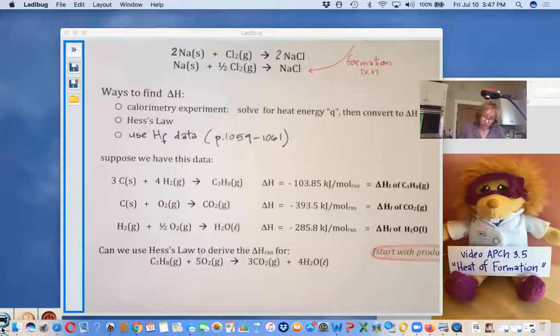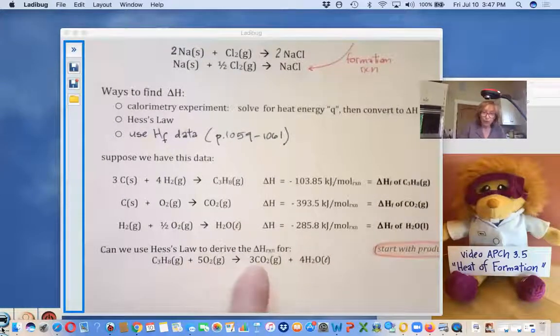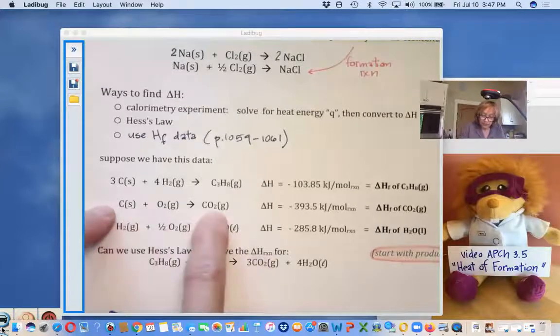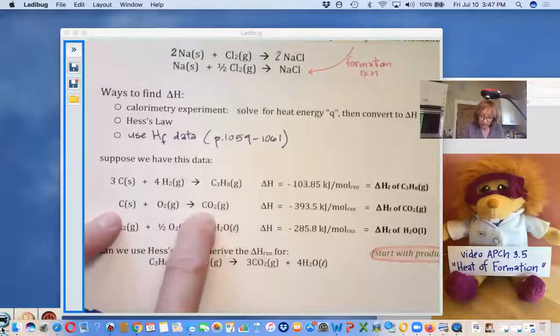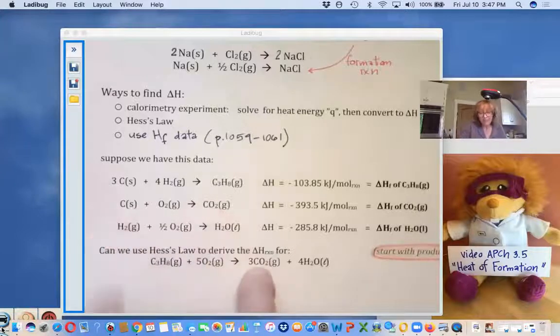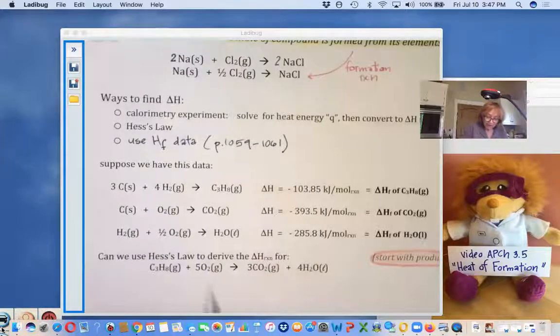Let's start with making this product. You see that this middle equation here gives CO2 as a product. So I'm going to use that one, but I want to end up with 3 CO2s. So I'm going to take this equation, and I am going to multiply through by 3.